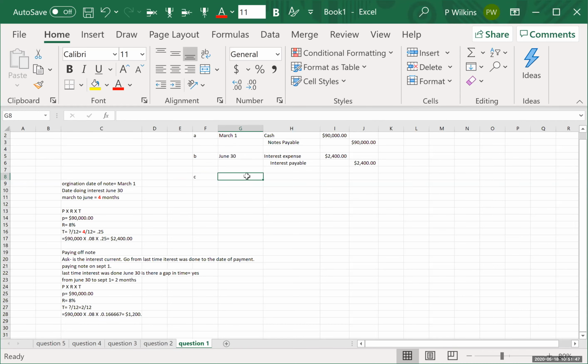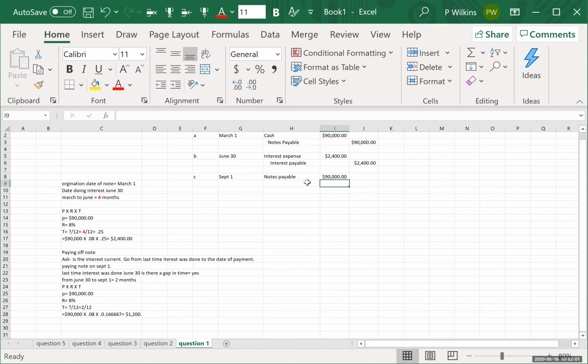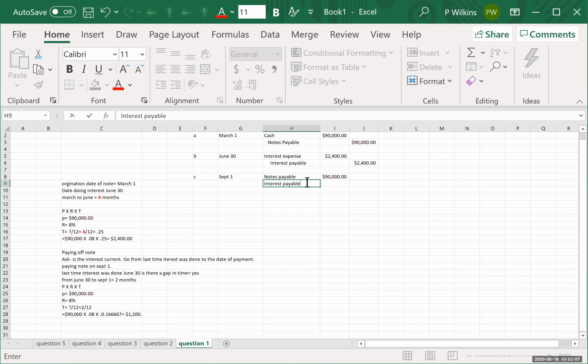So on September 1, you are going to debit notes payable to clear out the note, for the $90,000. You're going to debit interest payable to get rid of the interest amount you did previously, the $2,400.